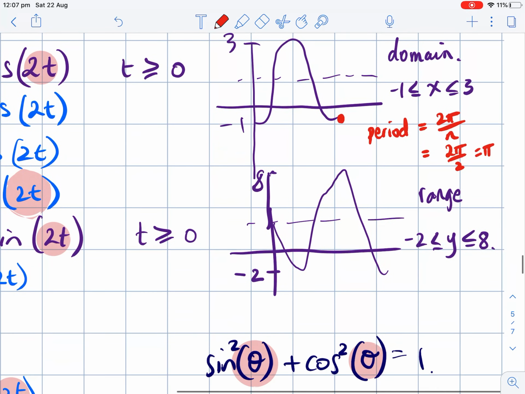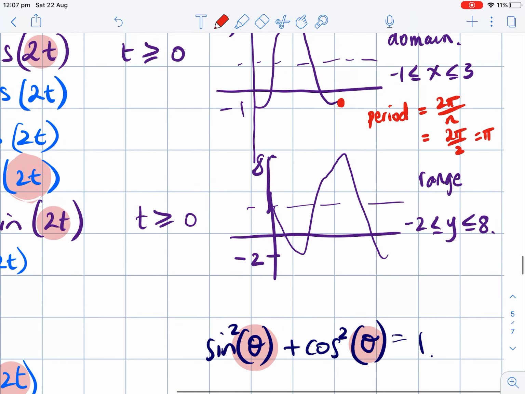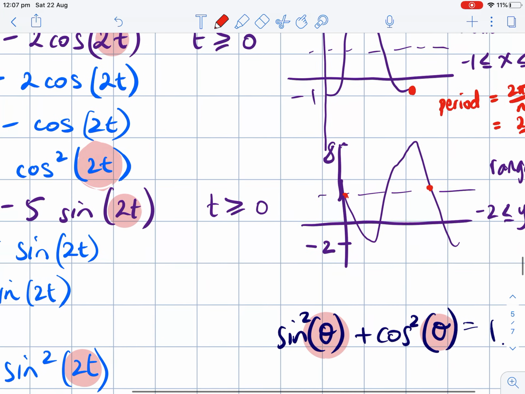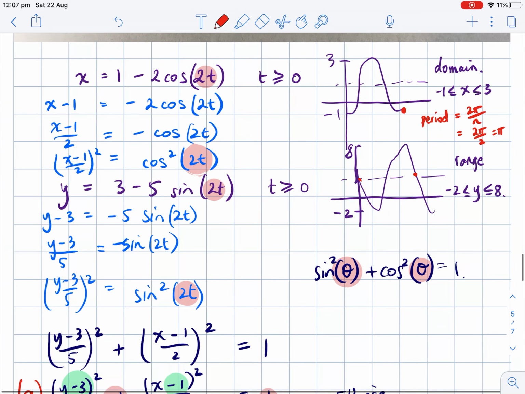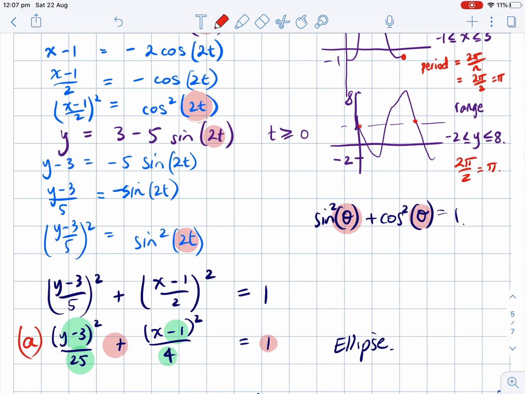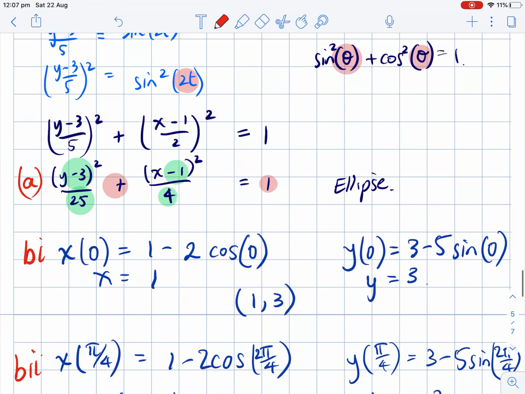Now if we look at the period for my sine graph, when does it start repeating itself? It'll be the same thing. So the period of this sine graph is given by 2 pi on 2, which it should start repeating itself at pi, which makes me think that I've done something wrong with my equation over here.